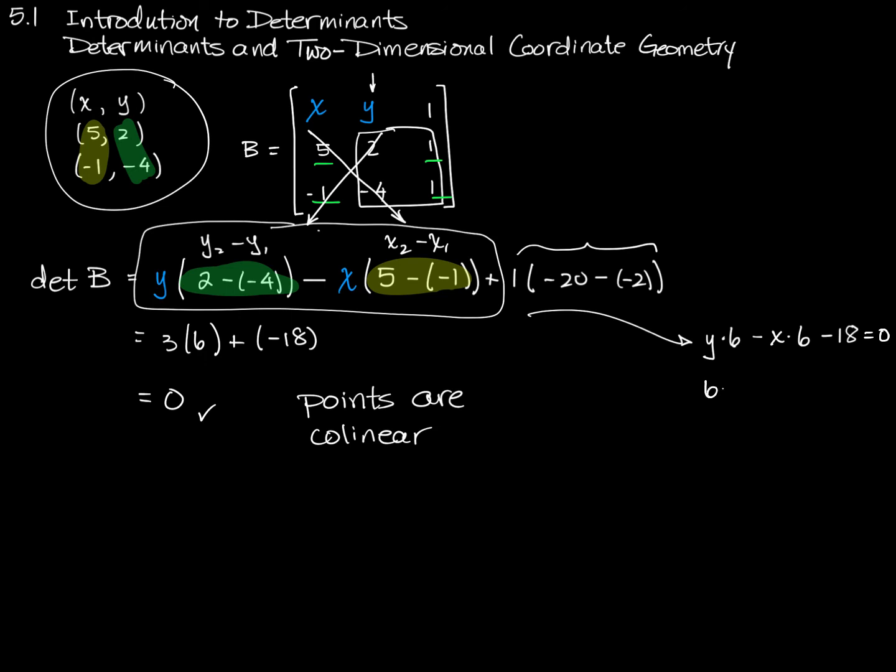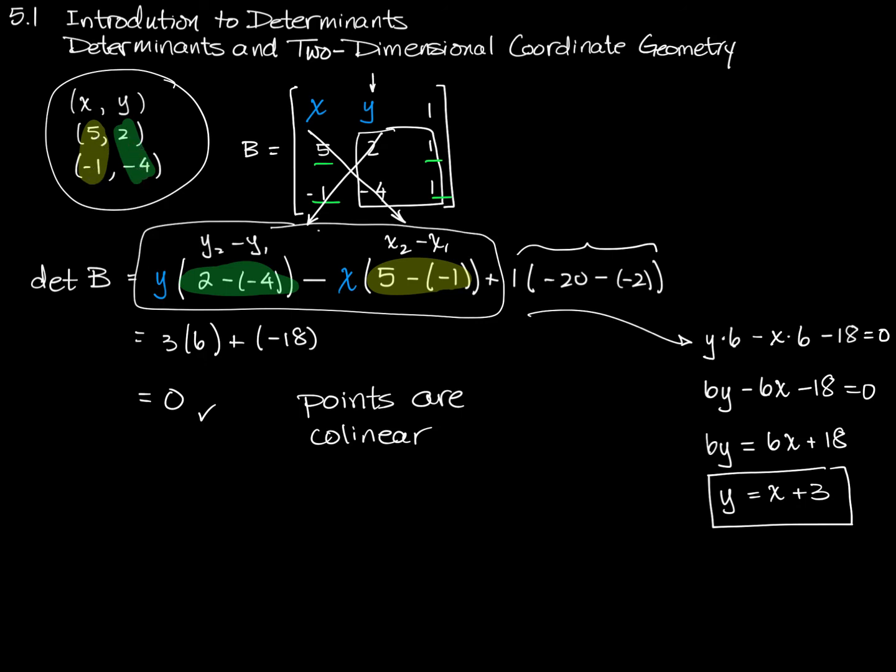I'm going to say for now 6y minus 6x minus 18 equals 0, and then I'll add the non-y terms to both sides. I get 6x plus 18. Divide through by 6 and you get y equals x plus 3. And that is the equation of the line through these 3 points.